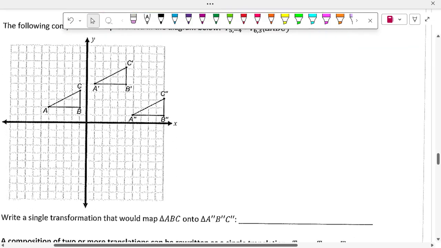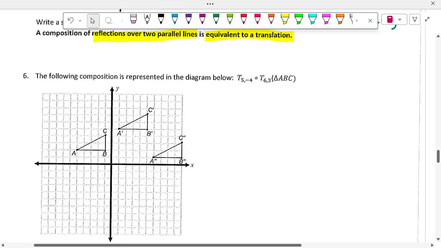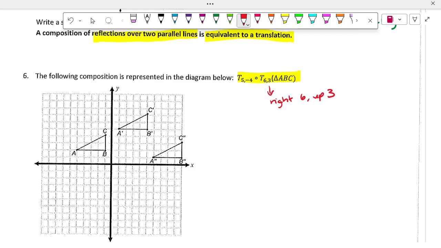All right. What about here? So what do they do first? Translate how? So they went right 6 and up 3. So this is where they started.